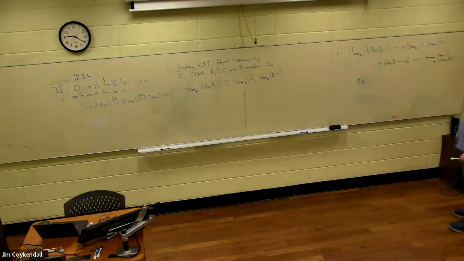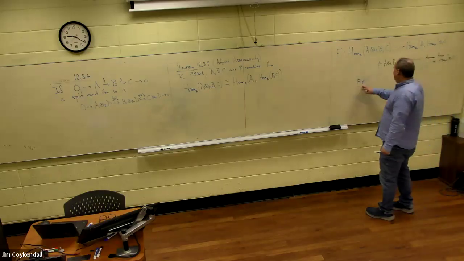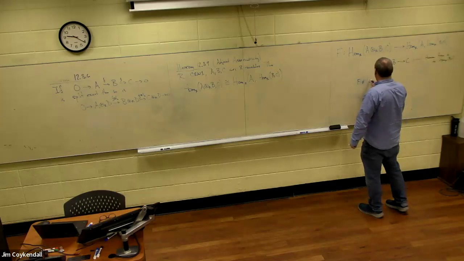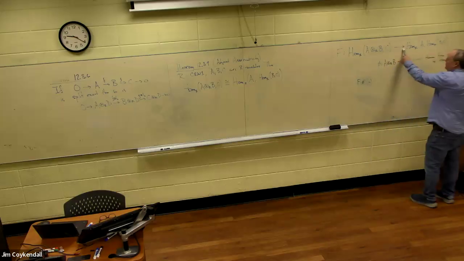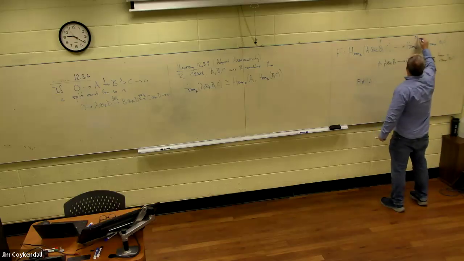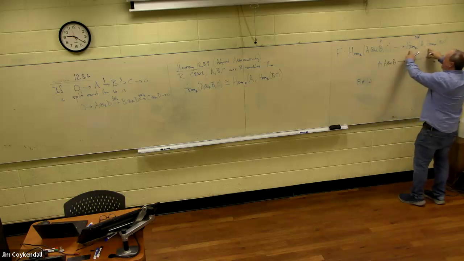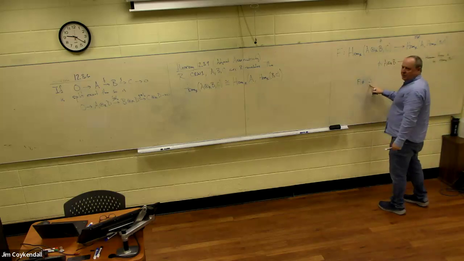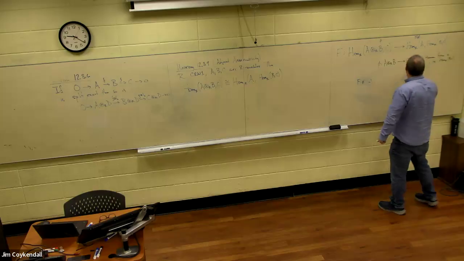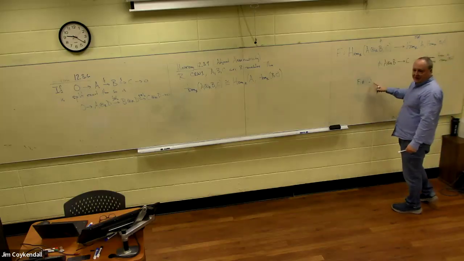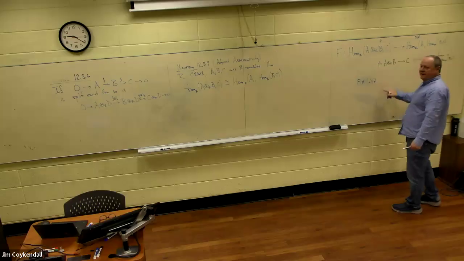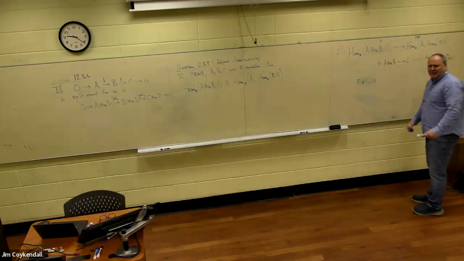So F of phi should take an input from A. Its output should be a homomorphism from B to C. So this should take an input from B and give an output in C. Everybody kind of follow this?